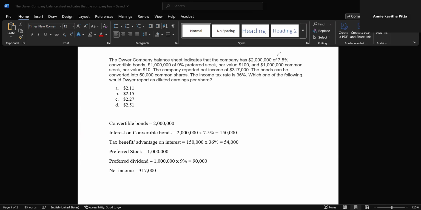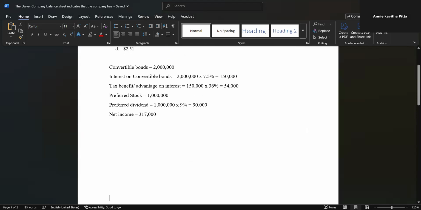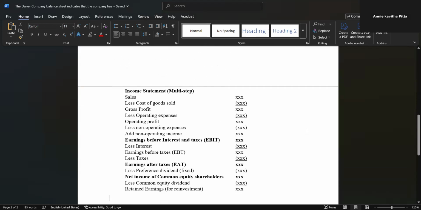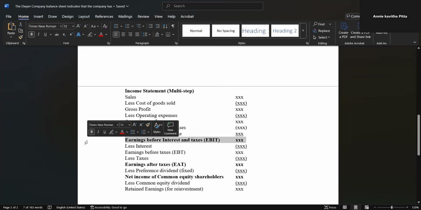Before we proceed further, let's have a look at the income statement format for a better understanding. We have the income statement from sales, cost of goods, and gross profit. Let's look from earnings before interest and tax, EBIT.